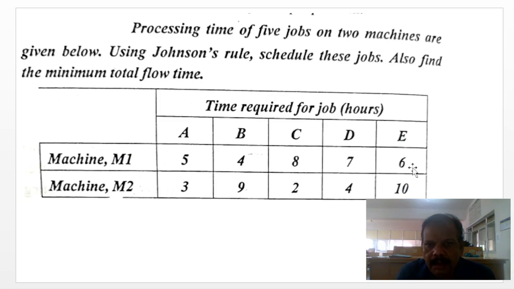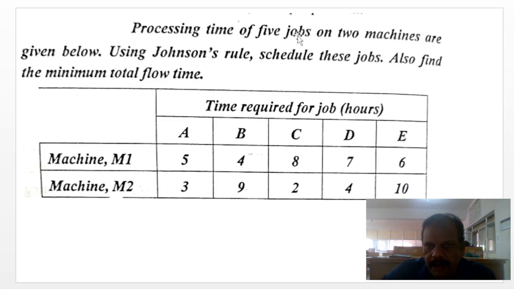Let us assume that there are 5 jobs, namely A, B, C, D, E, waiting to be completed, and we have 2 machines, M1 and M2. We are given the processing time of all 5 jobs on these 2 machines in this table.